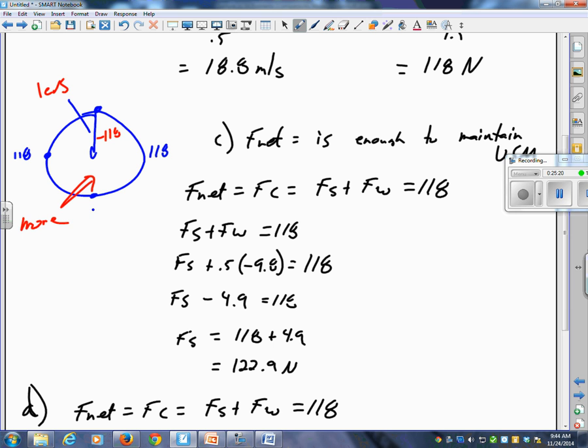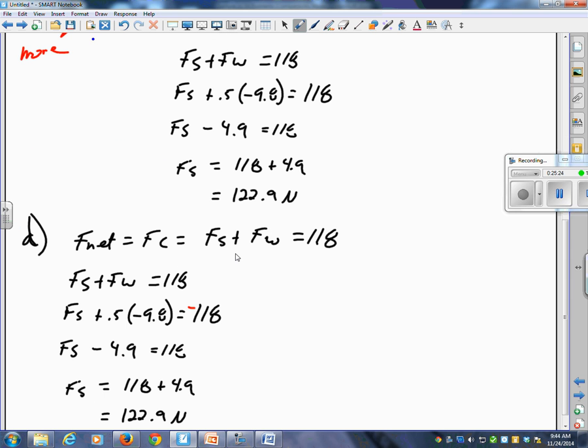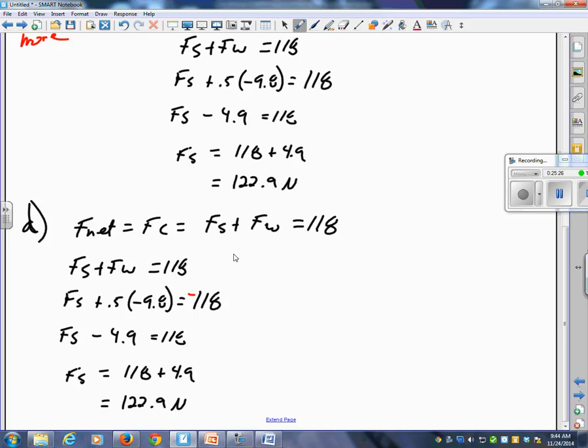Minus 118. Here it's plus 118. I know that you guys can't do that copy and pasting, but I wanted to show you how much the same it is. So that's minus 118. This one should be as well. That one is. And when that minus 4.9 comes over, it's still plus. The only thing that changes here is the actual numerical answer. Minus 113.1. I'll pause and let you get that down and think about it.